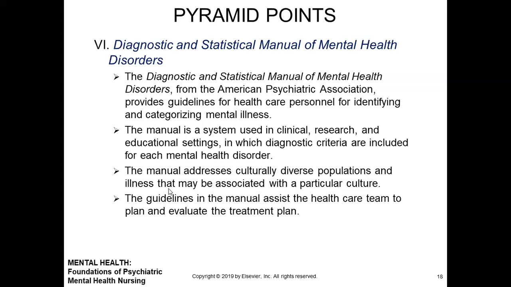Diagnostic and Statistical Manual of Mental Health Disorders. For psychiatric patients, we have one association, called the American Psychiatric Association. They have criteria to diagnose the disease and care for the patient. These criteria are used for any clinical diagnosis, research purpose, or educational setting.